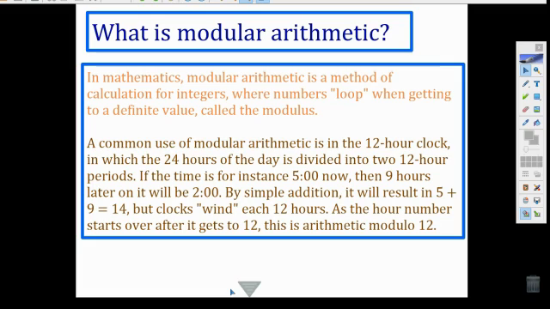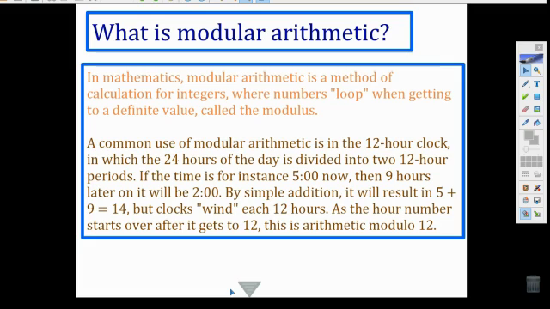So what that means is that when, for instance, we are at an hour of 5 o'clock, and somebody tries to determine what the time will be after 9 hours, using a 12-hour clock we observe that after 9 hours from 5 o'clock, we are going to have 2 o'clock.